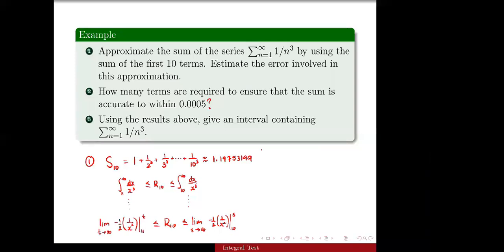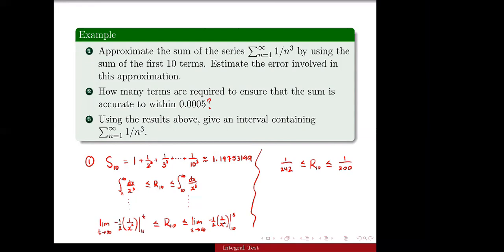And this will give us what? R sub 10 will be greater than 1 over 2 times 11 squared, 121, so 242, but less than 1 over 200. So your error must be between these two.